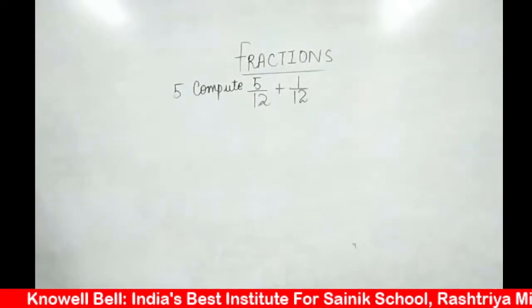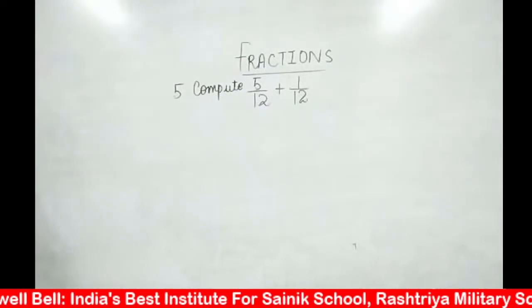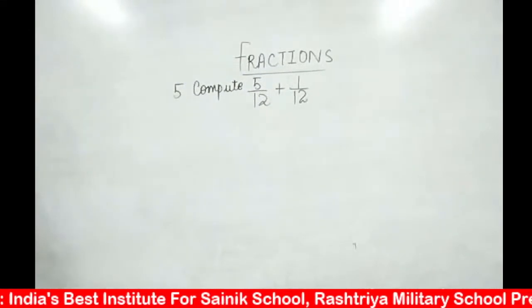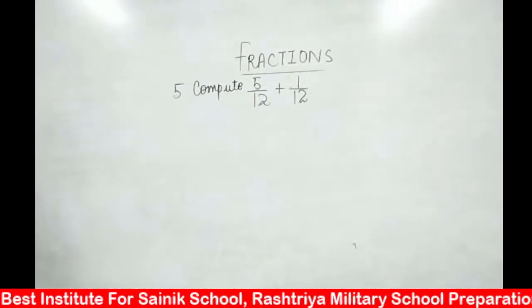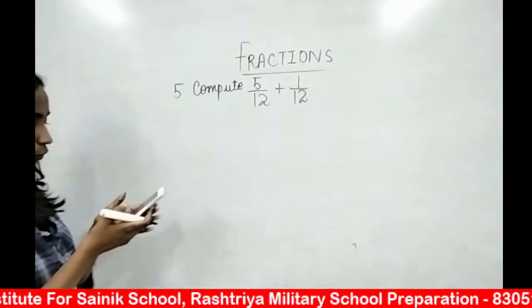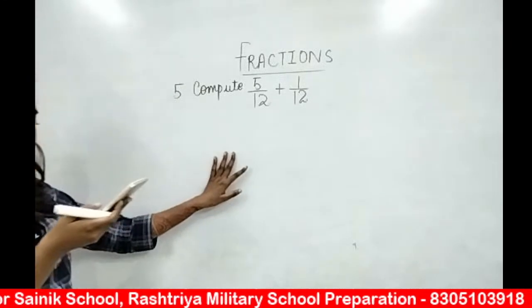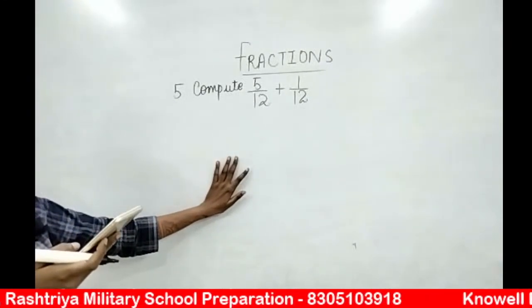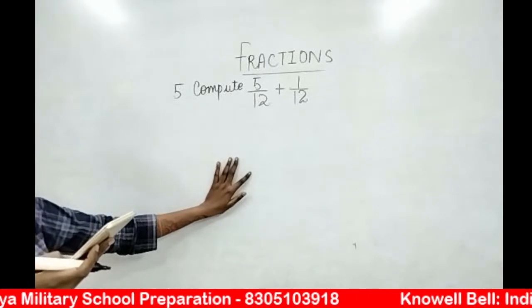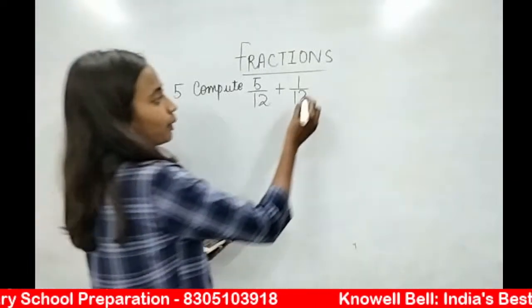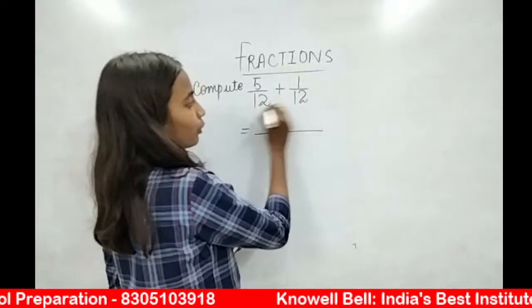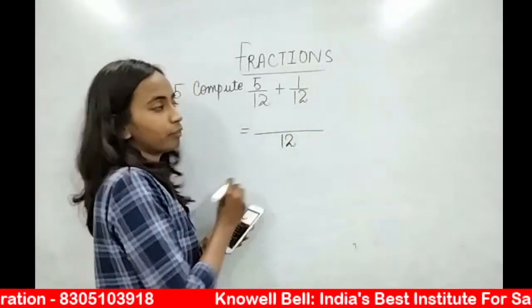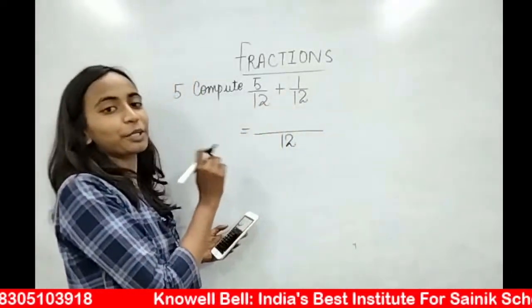Different answers we are getting. So, for everyone who is answering 6 by 24, how come 6 by 24? 5 plus 1 would be 6. Why have you done 12 plus 12?